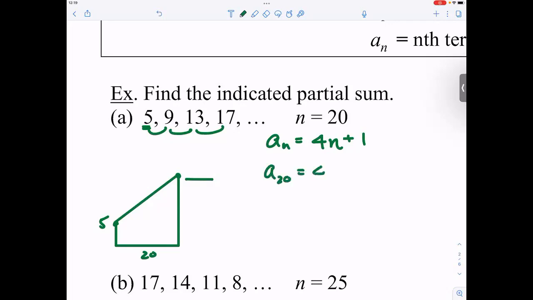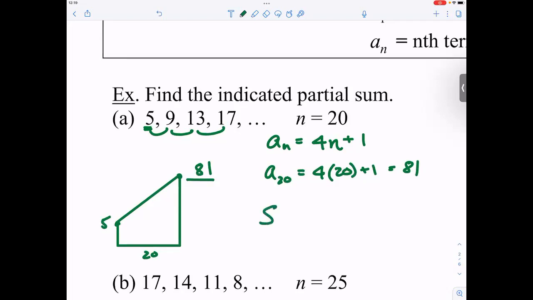Well, what's the 20th term? 81. So you're practically finding the area of this trapezoid with two bases being 5 and 81 respectively, with a height of 20. So the notation we have here is S20, which is the sum of all 20 terms.